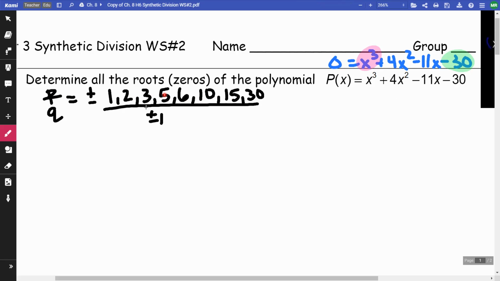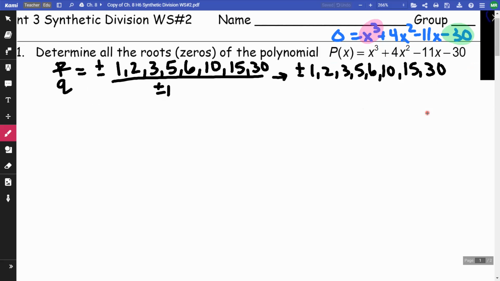And since all of these are over 1, I really have integers. So it's positive, negative 1, 2, 3, 5, 6, 10, 15, 30. So I have 16 choices because of the negatives also.